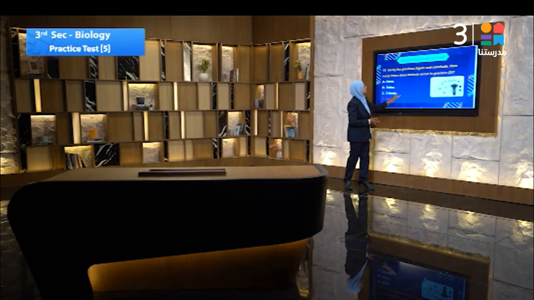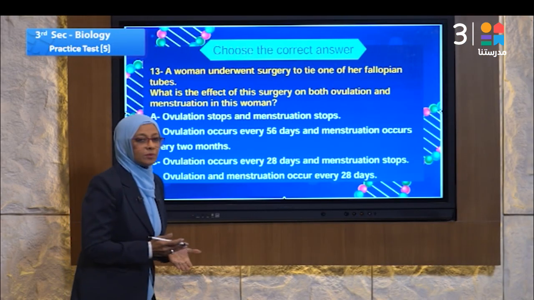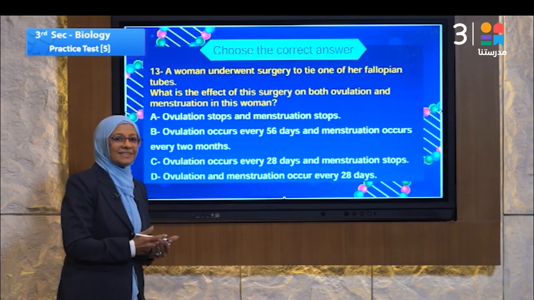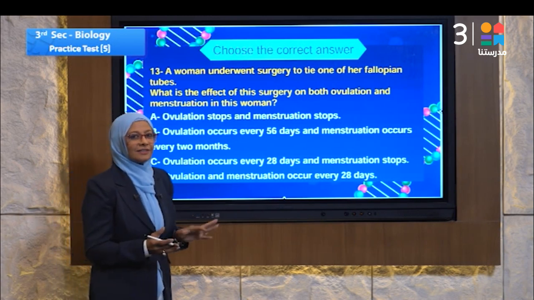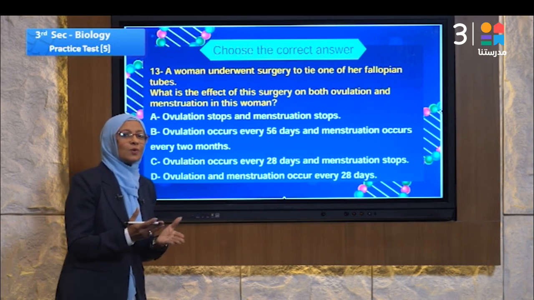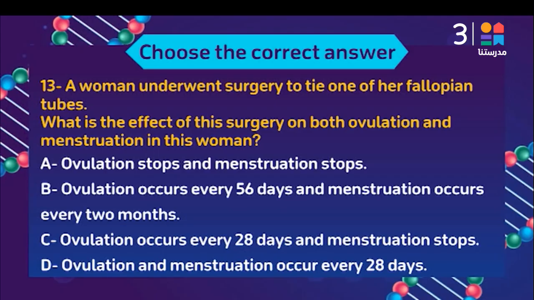Let's go to question number 13. Question number 13 speaks about reproduction again. Reproduction here is like a joke or a trick. Let's see what the trick is. A woman underwent surgery to tie one of her fallopian tubes.